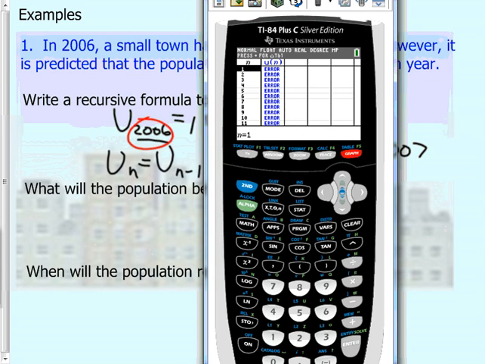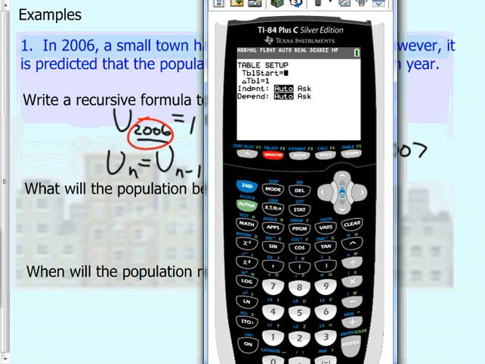So we got to go to our table settings, which is right here. Everybody look at what button I pushed that's red right there. Above the window is table settings. And now we got to get our table to start counting from 2006. That was again the above window button. It says table set.